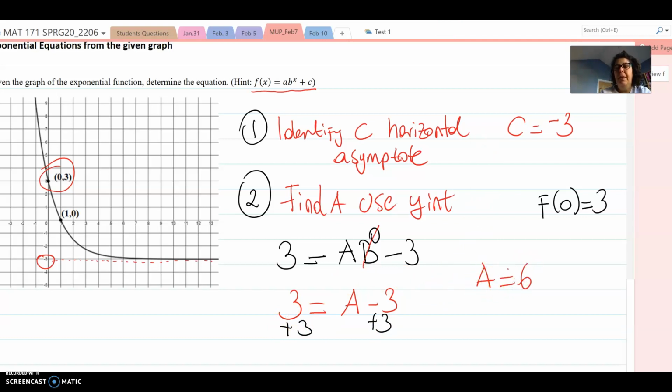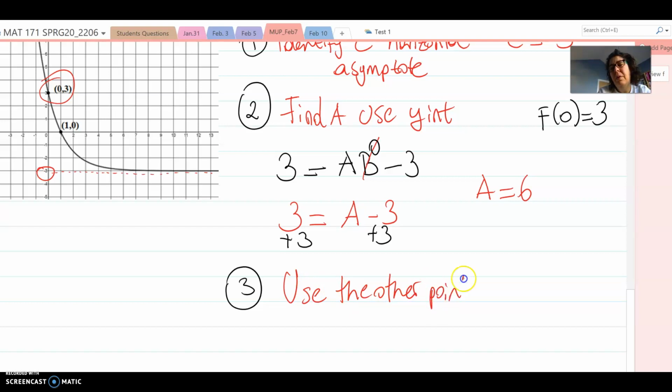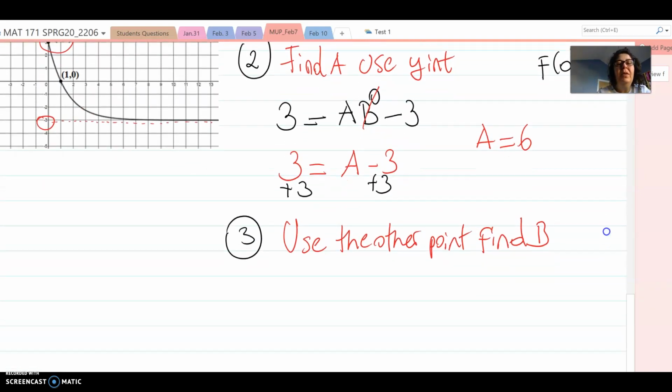All right, last step. Use the other point to figure out B. Use the other point, find B. All right. So that's the order, C, A, B. All right. Then the other point was 1, 0.